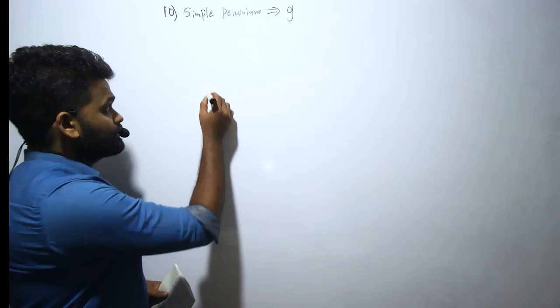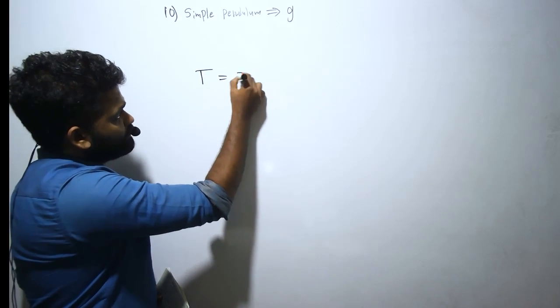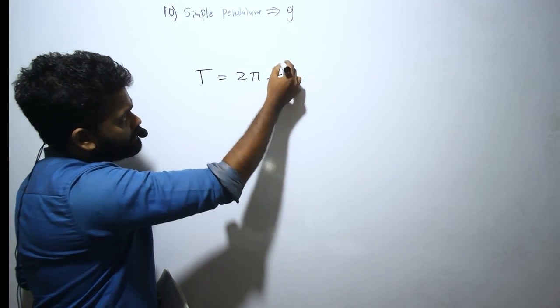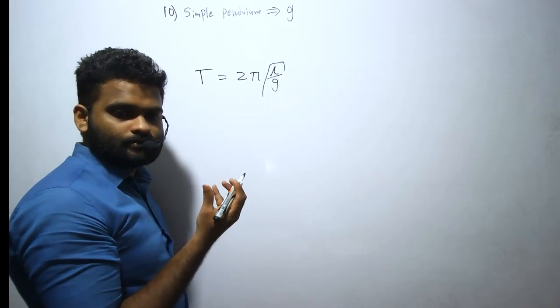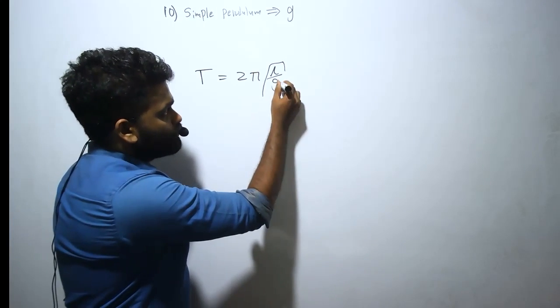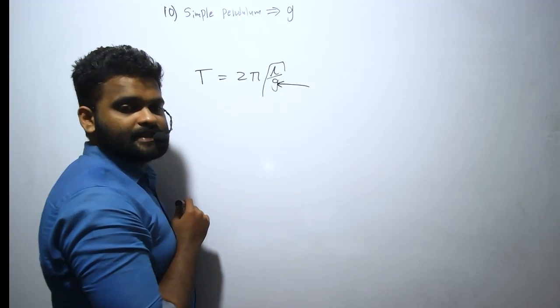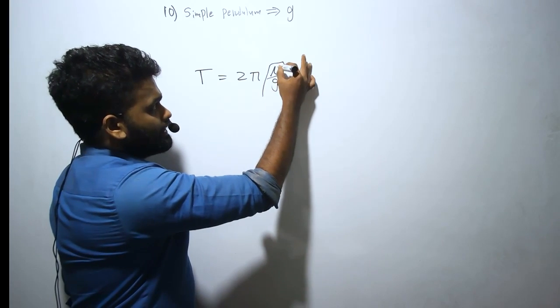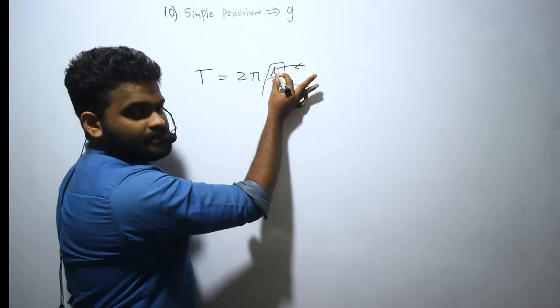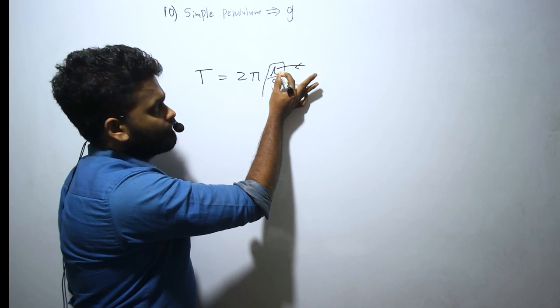You know that, so this is the equation, right? This is the equation. So what do we have to do? We have to find this simple g, gravitational acceleration. We can measure length, right?